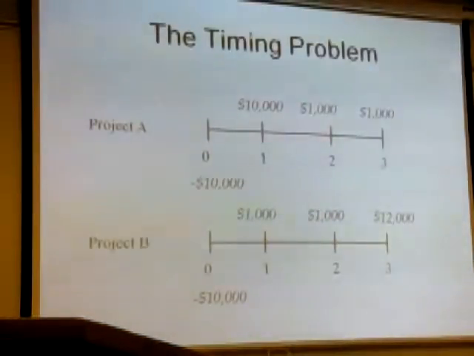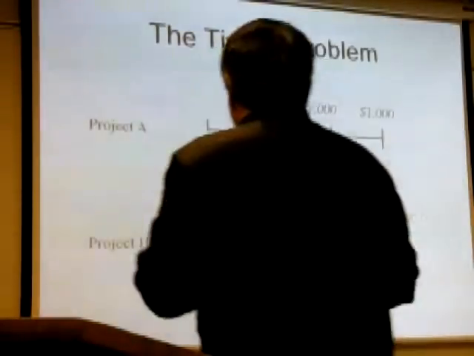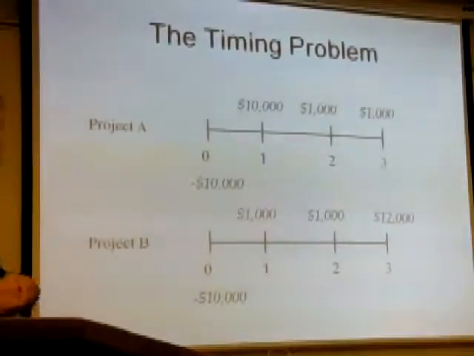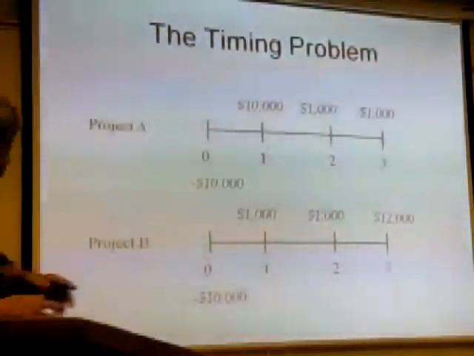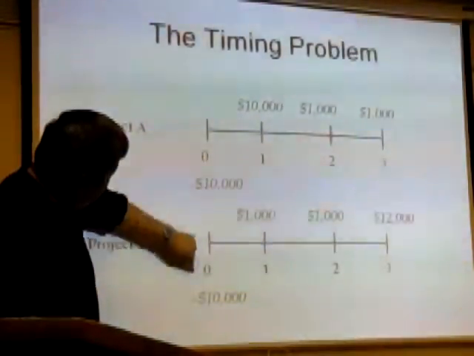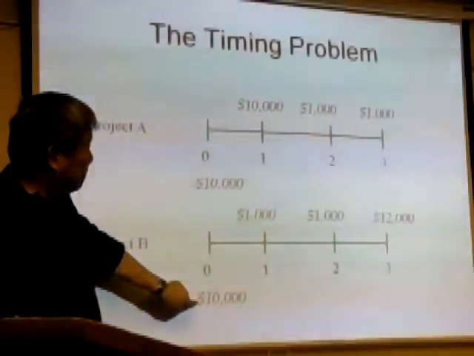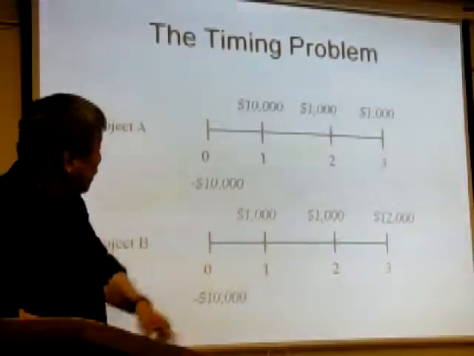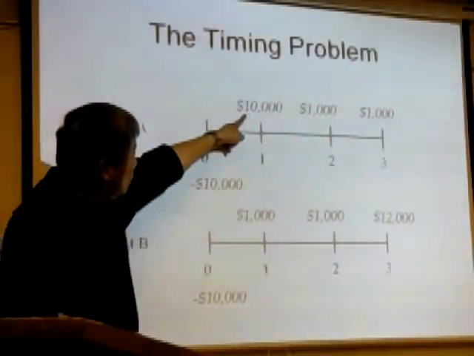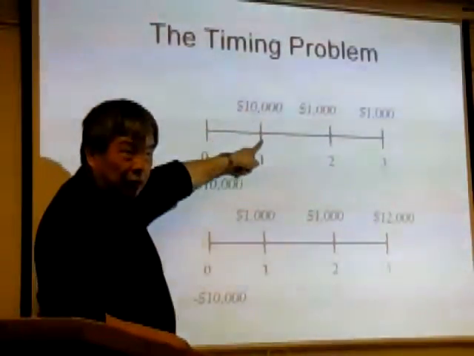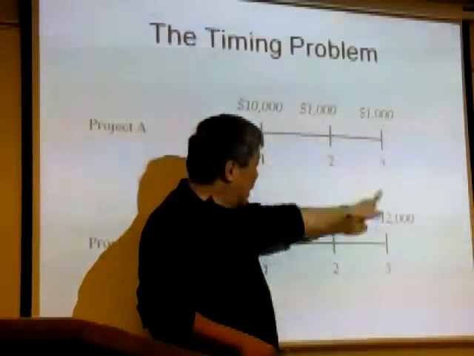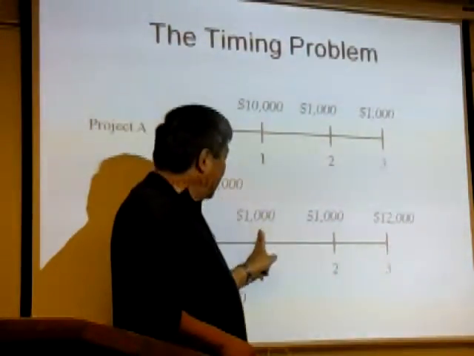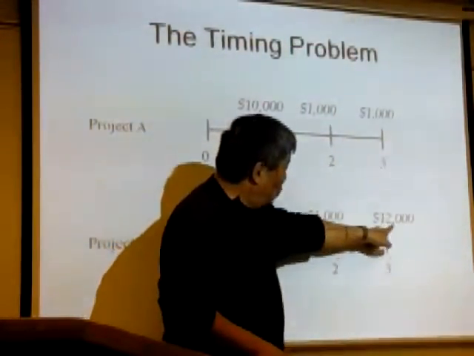Let's look at project A and B. What is the similarity? Both require an initial investment of $10,000. What is between these two? This one pays back earlier, $10,000 the first year, then 1,000, 1,000. This one, 1,000, 1,000, and a huge $12,000.